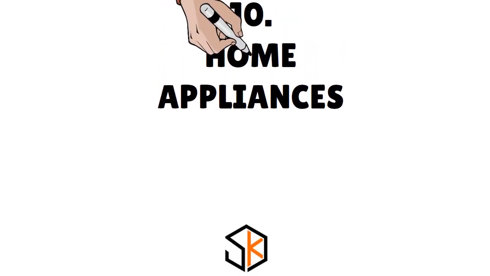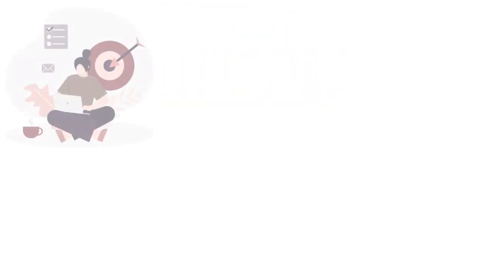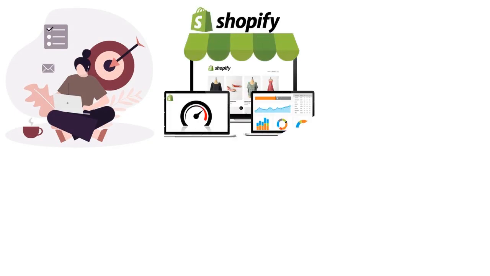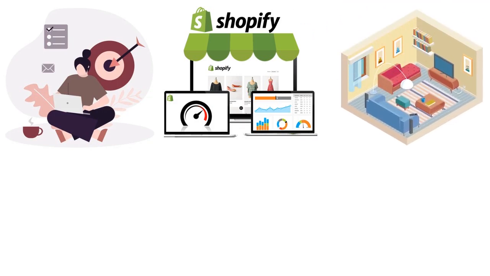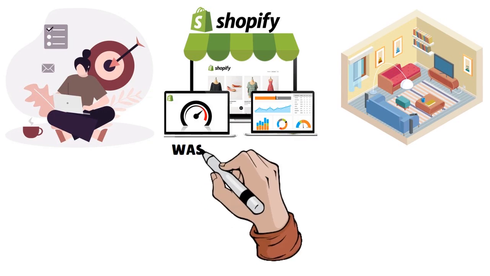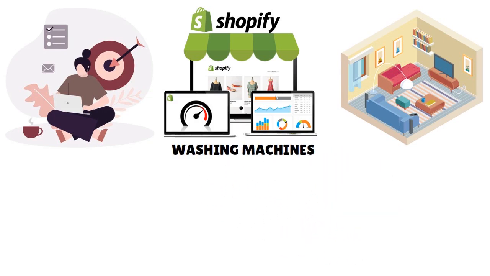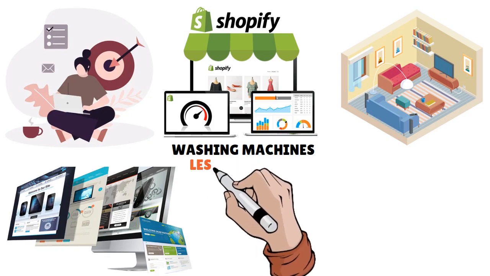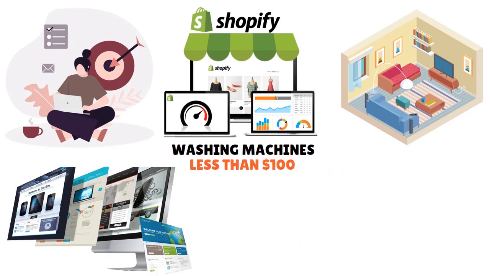You also have home appliances. That's the last niche that I want you to choose this year if you are trying to boost your Shopify conversion rate. These home appliances are not huge ones like washing machines. Instead, these are small gadgets and trinkets that you can sell for less than $100.